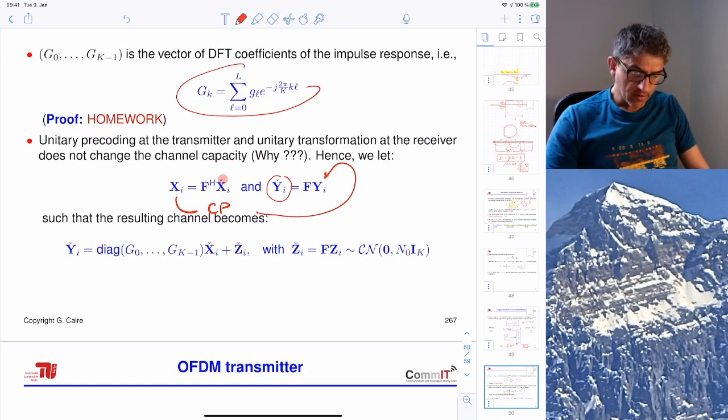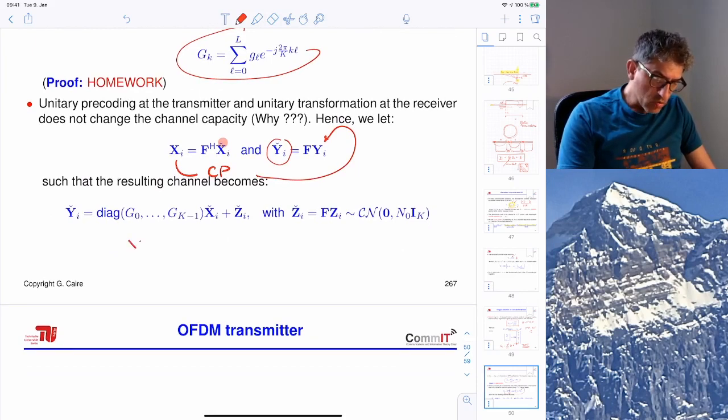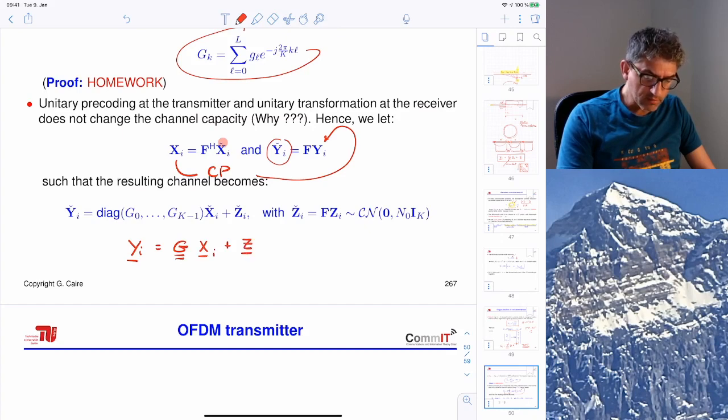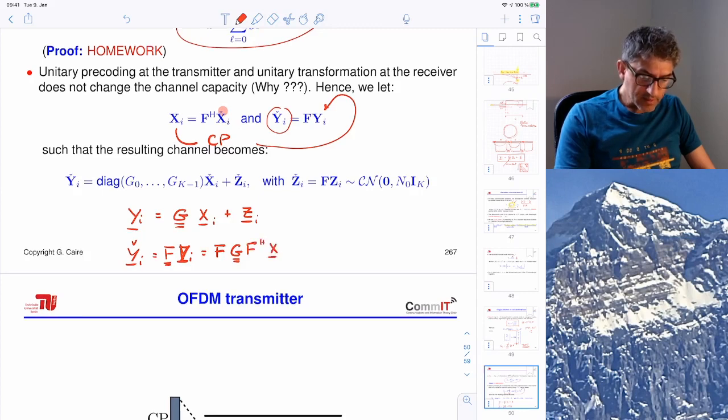It turns out that if the original channel was yi vector equal to matrix G circulant times xi vector plus z vector, now I consider yi check, which is F times yi, which is F times G times F Hermitian xi check plus, and now I have F z.